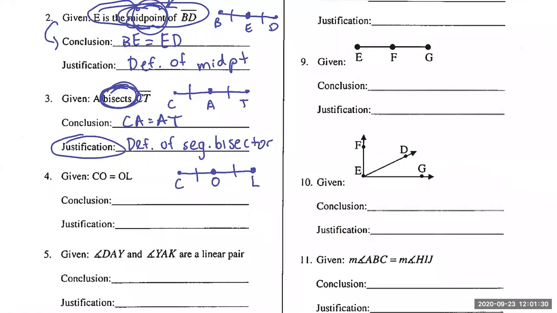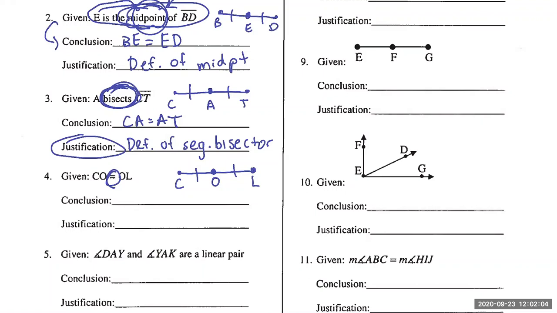Someone wrote that CO plus OL equals CL, which is true, but since we're talking about equality, you want to conclude something about the relationship that was given to you. CO is equal to OL. Even though CO plus OL equals CL, that's something I can conclude if I didn't know anything about the equality. But if I do know they are equal to each other, then Mia is correct: O must be the midpoint of CL.